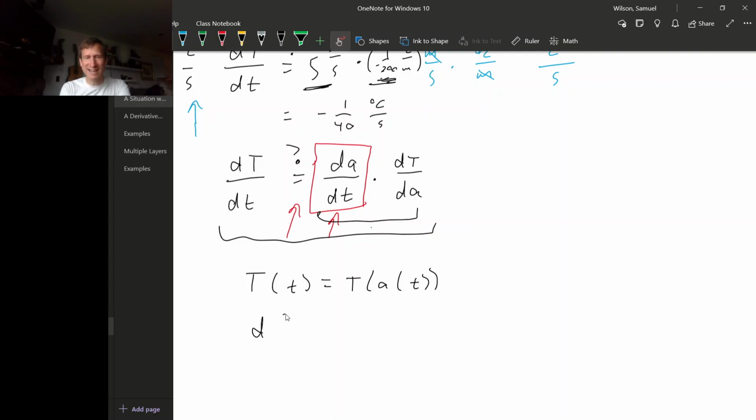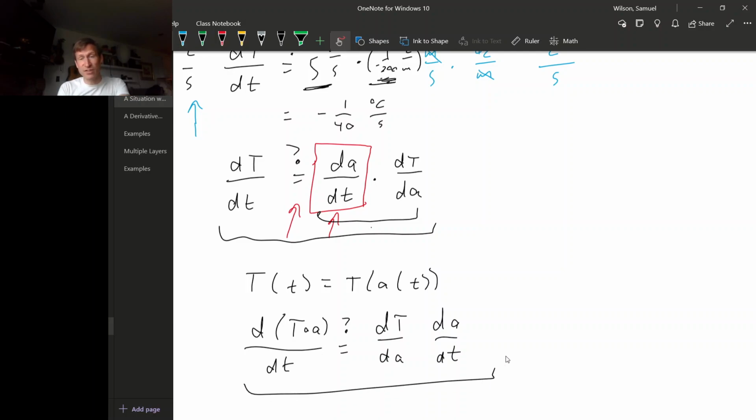And it seems as if the derivative of T composed with A is the derivative of T with respect to A times the derivative of A with respect to little t. Okay, so again, this is just a guess, but it seems like a sensible guess. So now that we have a good guess for what the appropriate derivative rule is for a function composition, we can get into proving it.